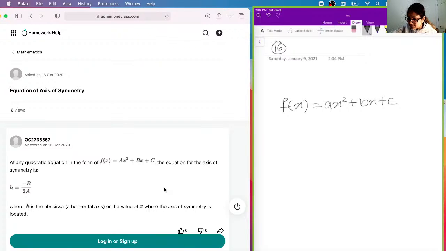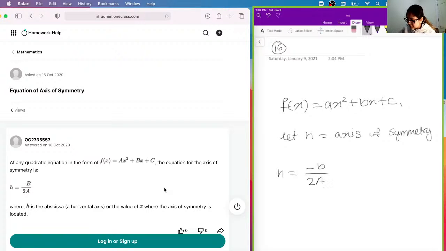Let h equal the axis of symmetry. We would say basically that h is equal to negative b over 2a.